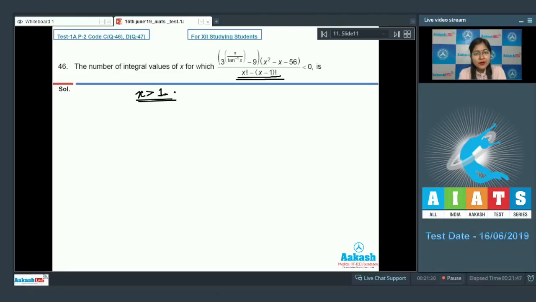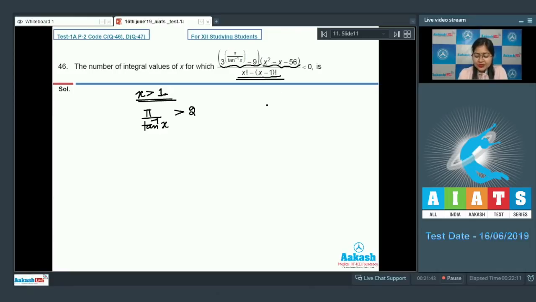Right? Only then the factorial will be defined. So if we talk about this term, then for x greater than 1, pi divided by tan inverse x is definitely greater than 2. Right? Which means that this first bracket is always positive for x greater than 1.